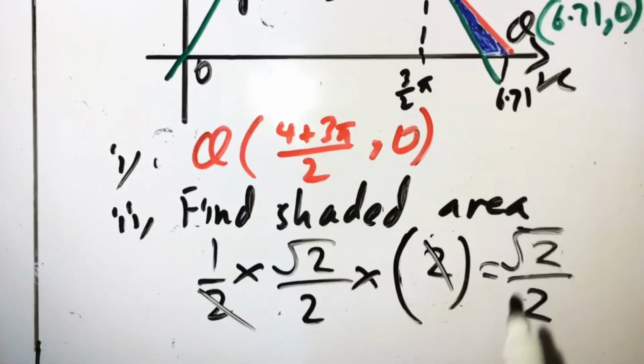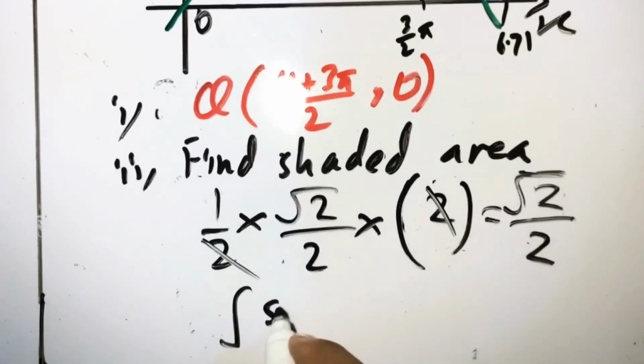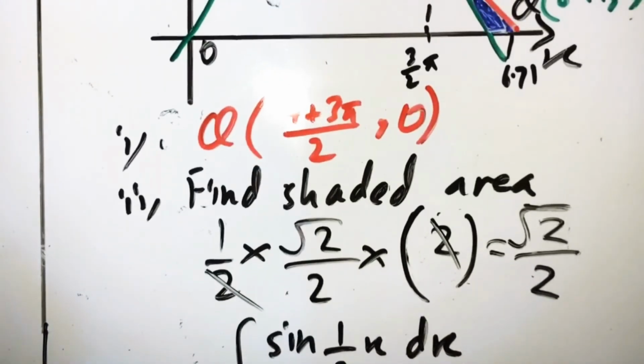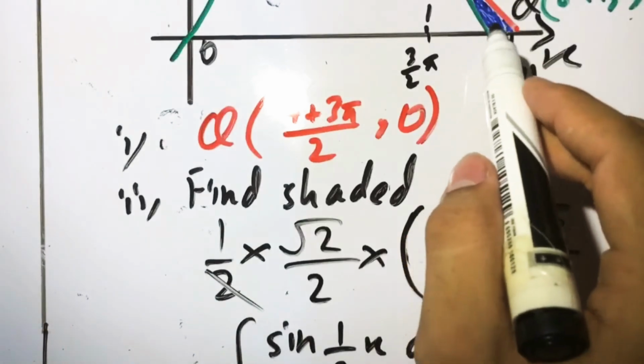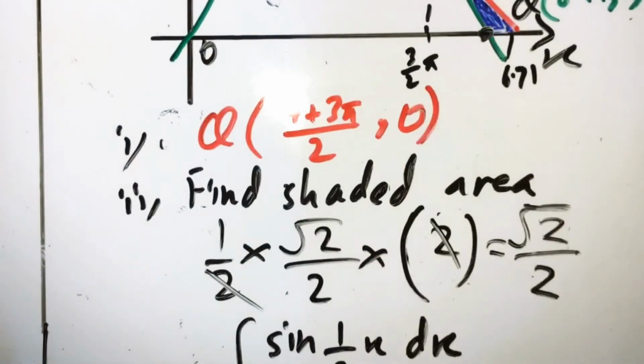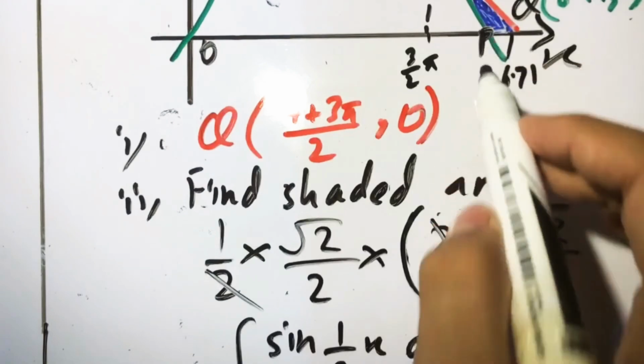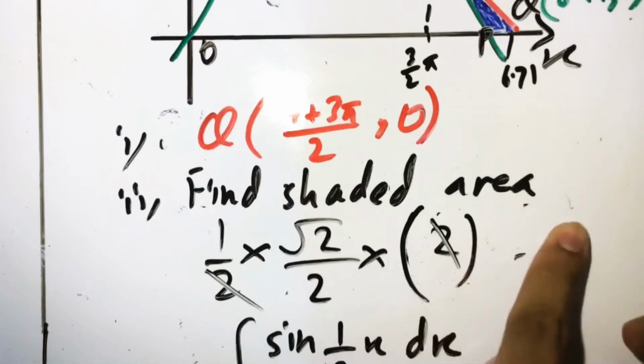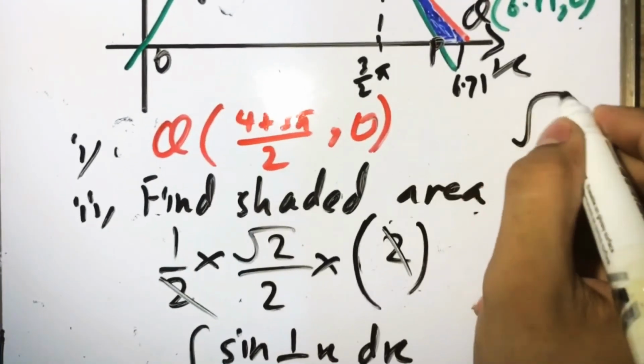Now for the area under the curve, we have to integrate the curve, that is sine half x with respect to x from this point to this. Now to find this point, first let's make some space over here.